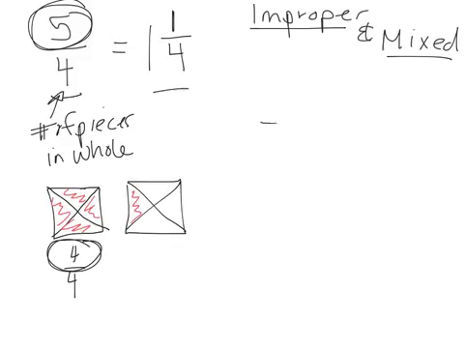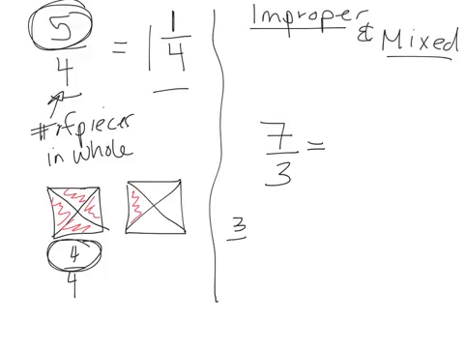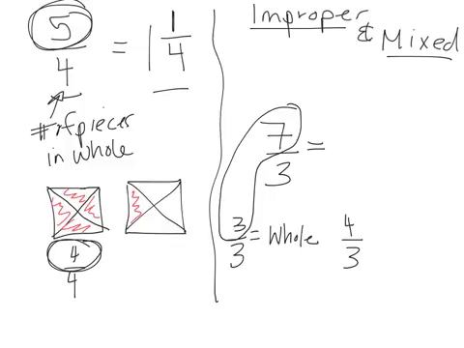Let's try another one. If I had 7/3, how do I put that into a mixed form? I know it's bigger than 1 because 3 out of 3 is my whole. And that would leave me 4/3 if I found out how many pieces were left over after I took out 3, which is a whole.